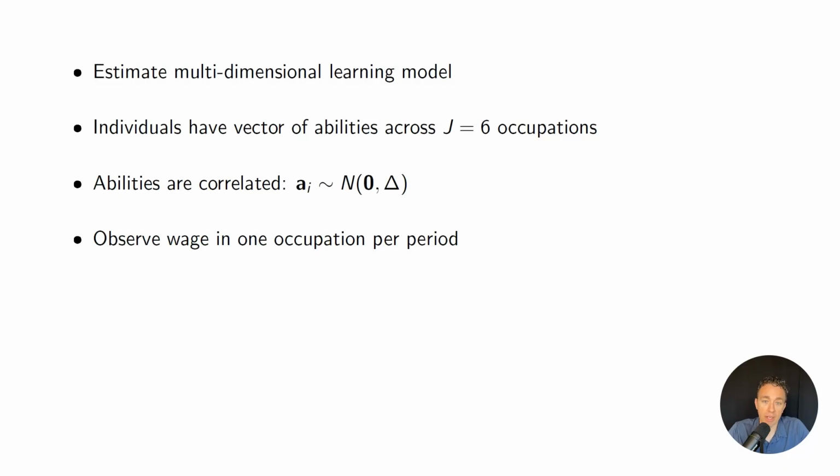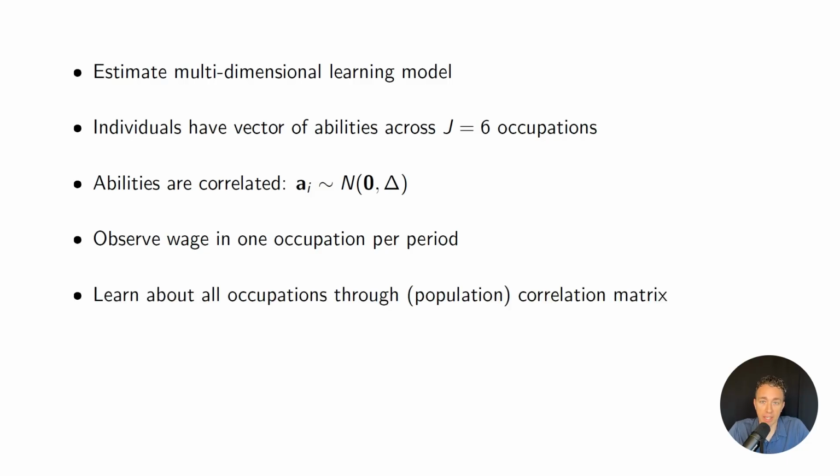And while this may not be required in practice, in this particular setting, it does not really make sense to allow for multiple signals to be received. In truth, I could be working 2 part-time jobs in 2 different occupations, but we're just going to assume that away for simplicity. So I only get one signal in whichever occupation I was working in that period.